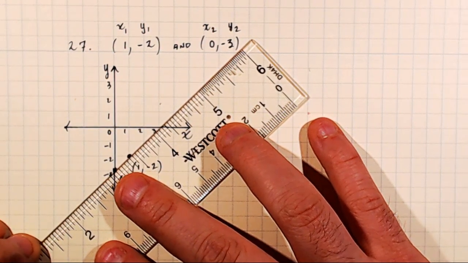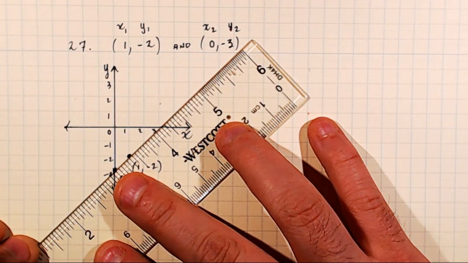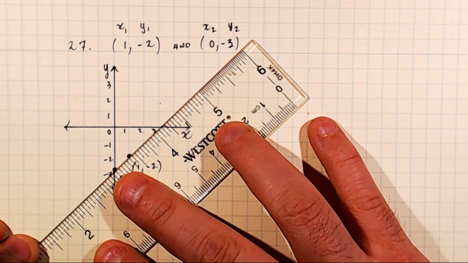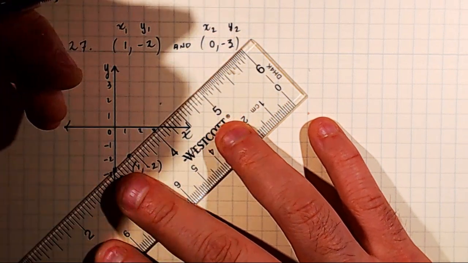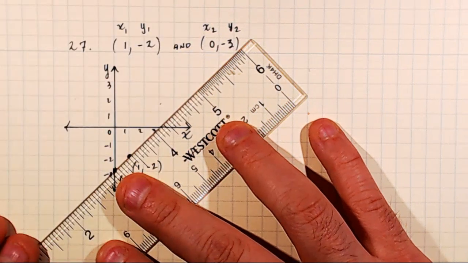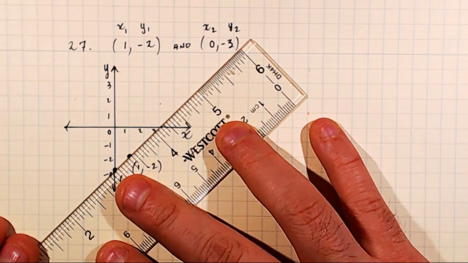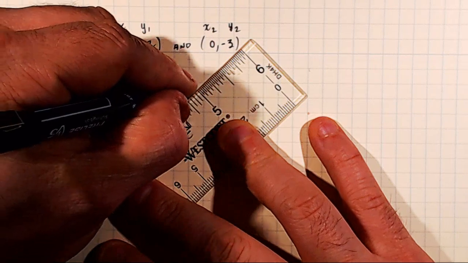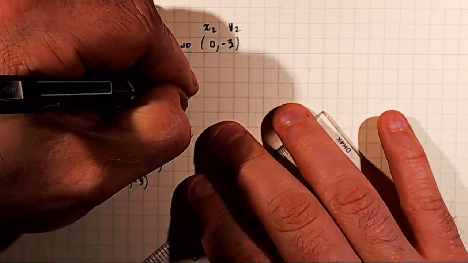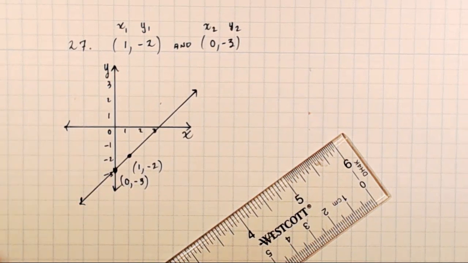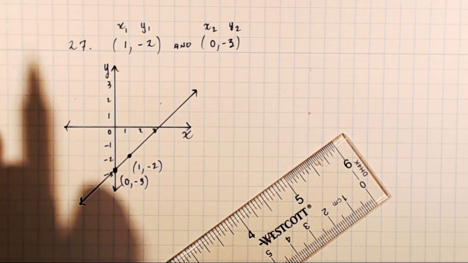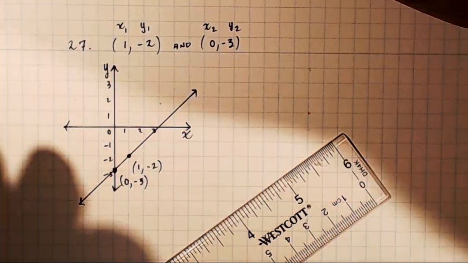It is so easy to be off when you draw, especially with these small squares, so be careful here. All right. There. So there's our line passing through those points. Again, we can actually visually construct this equation, but I'll also show you how to construct it algebraically.